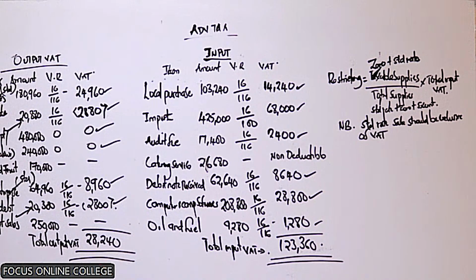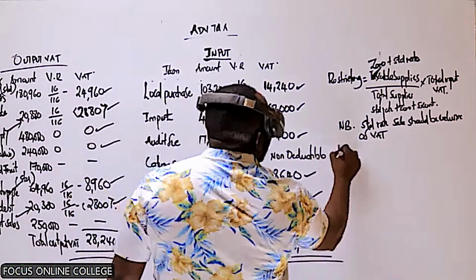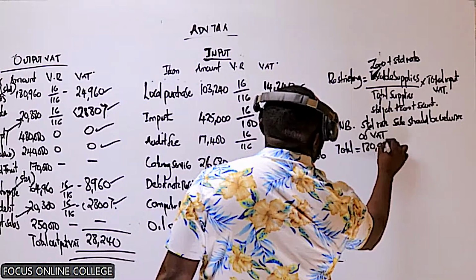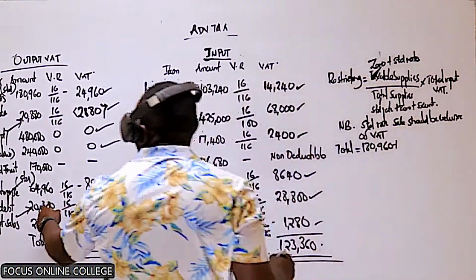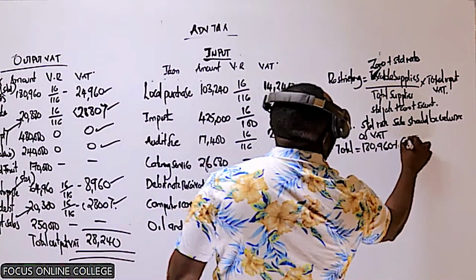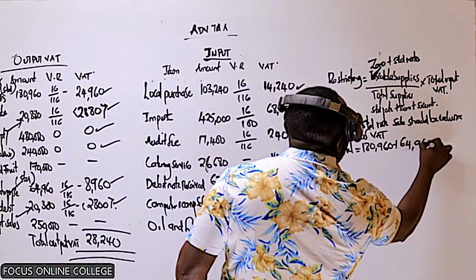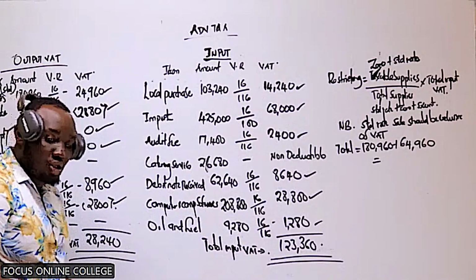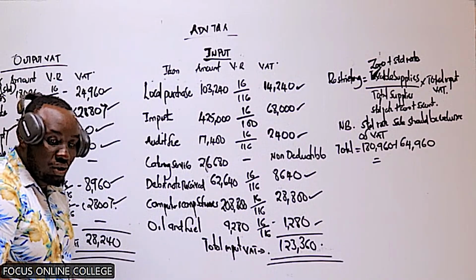So what is the total standard rate sales? It should be a figure of 189,960 plus a figure of 64,960.